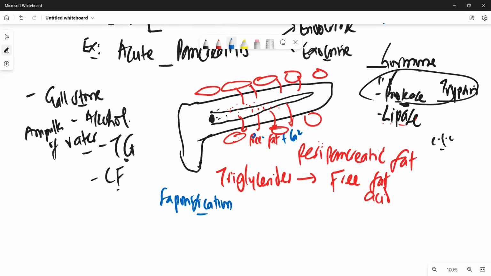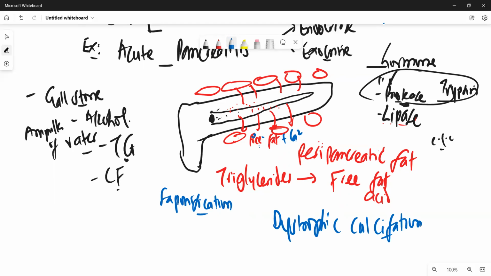And as a result, we are depositing calcium into necrotic fat cells, and this type of calcification is what we refer to as dystrophic calcification. I know there are a lot of terms that we're using.